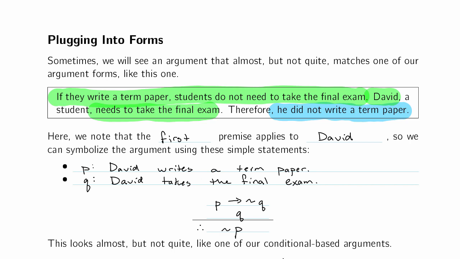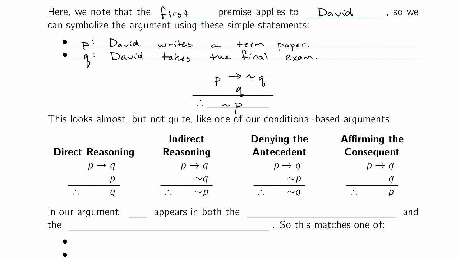This looks almost but not quite like one of our conditional-based argument forms, of which we have 4, right? We had direct reasoning, indirect reasoning, denying the antecedent, and affirming the consequent. Let's see if we can narrow this down. Looking at our argument, our second premise is Q, which appears in the consequent of our first premise.